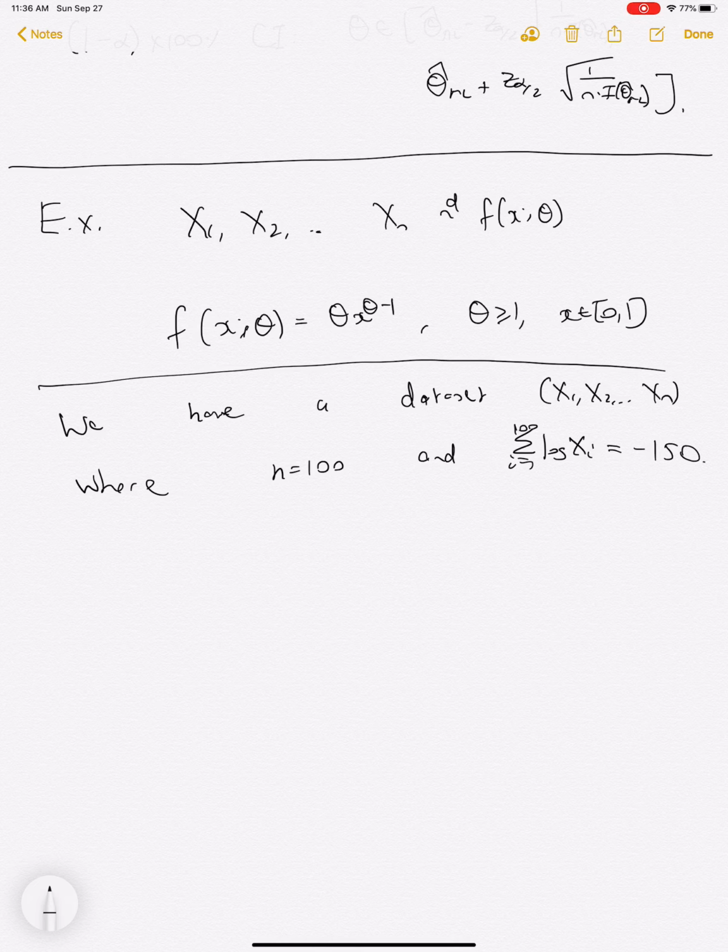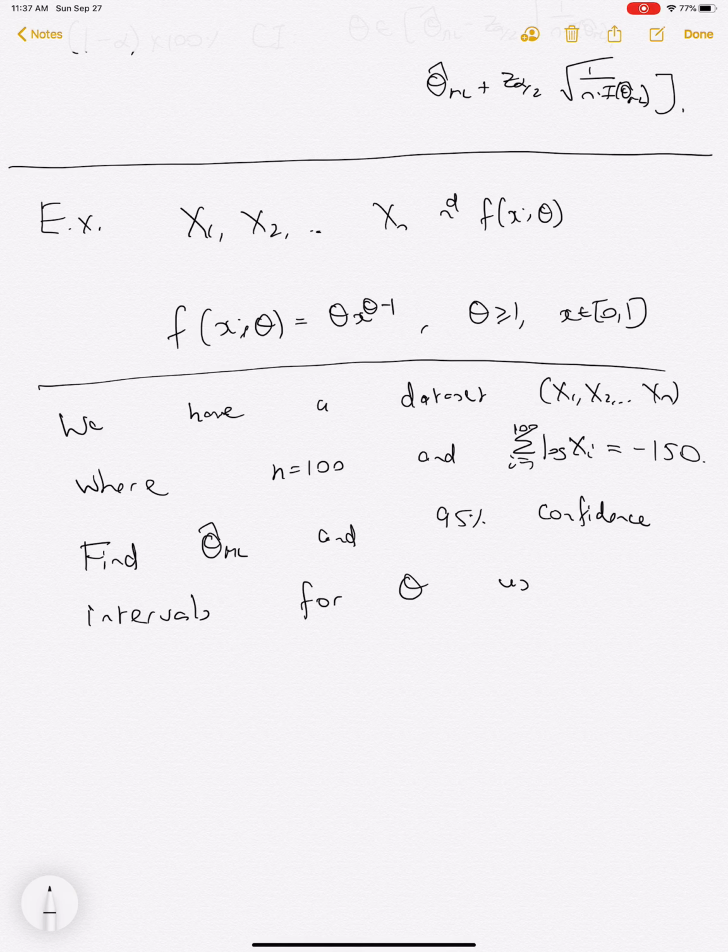So this is what we know about this data set. And so the question is, find theta hat ML and 95% confidence intervals using theta hat ML.